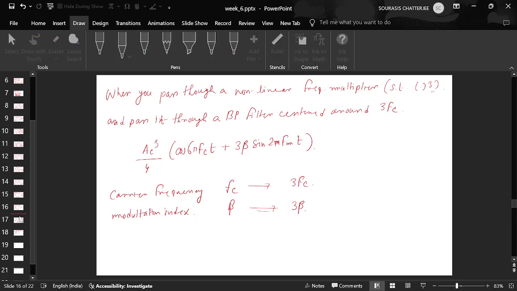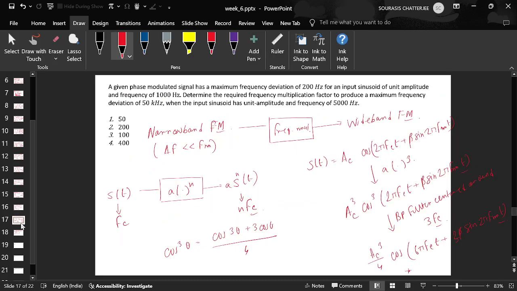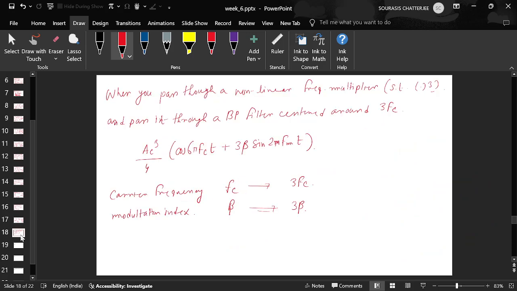So for this example here, you have a phase modulated signal. For a phase modulated signal, your maximum phase deviation del theta is equal to your modulation index, which is kp Am.